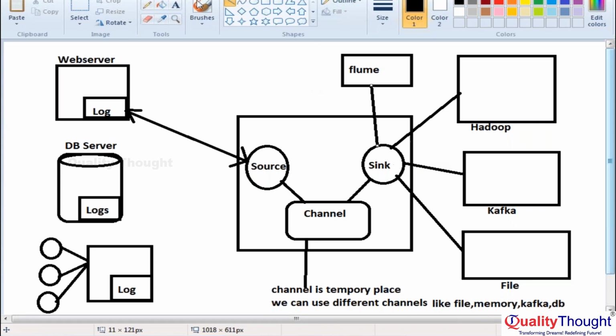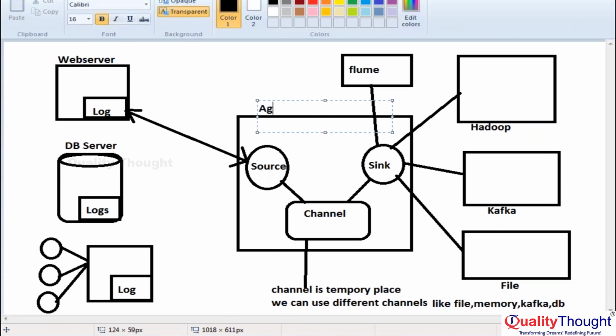In a Flume agent, this is the complete agent component. While creating the agent, we specify the source type and create the source information. We provide the source location, the channel, and the sink.